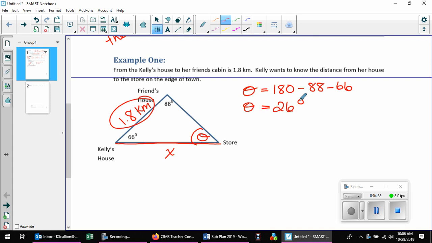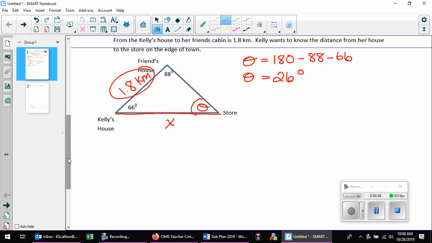So we know that the red pair is 26 degrees and 1.8. That is what I call my known pair. It has all the information in it, so I always like to list that one first. So I'm going to have side 1.8 over sine of 26 degrees. Now I'm going to switch colors.